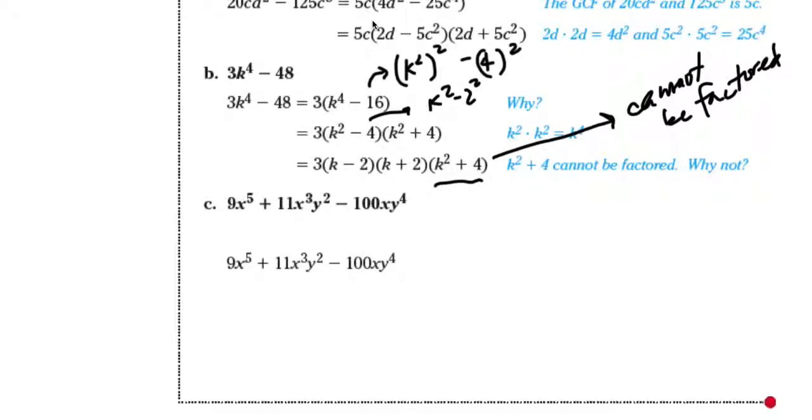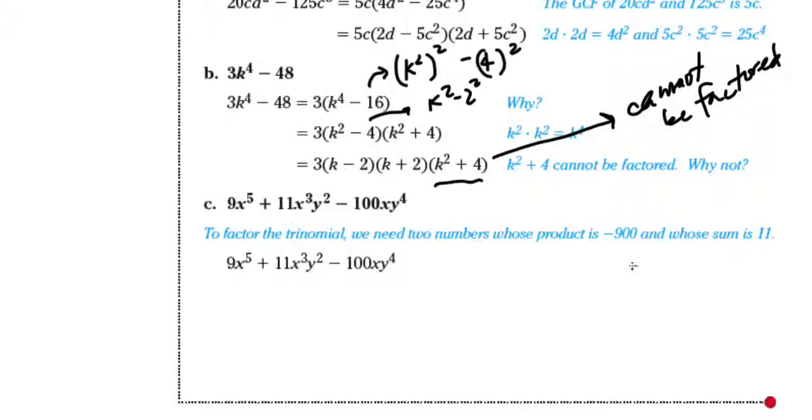9x to the fifth plus 11x cubed y squared minus 100xy to the fourth. Again, to factor the trinomial, we need two numbers whose product is negative 900 and whose sum is 11. So we're using the power of x, or the x method. Even before we use the x method, if you notice, there's a common factor x right there.